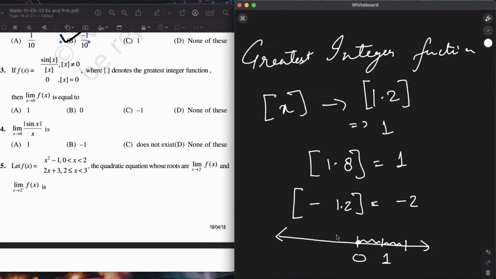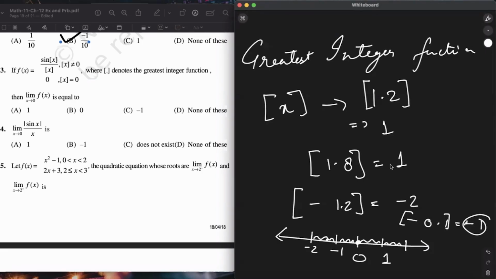Okay, it returns the bar values. Here I have a minus 1, here I have a minus 2. So I gave you a value of minus 1.2. So it was in this region. So it will return the bar value of minus 2. Suppose I had given you a minus 0.1. So you were in this region. So it will return minus 1. If you put a GIF over here, it will return a minus 1. So this is how it behaves. This is the GIF function.